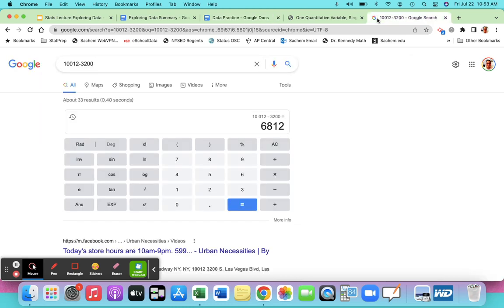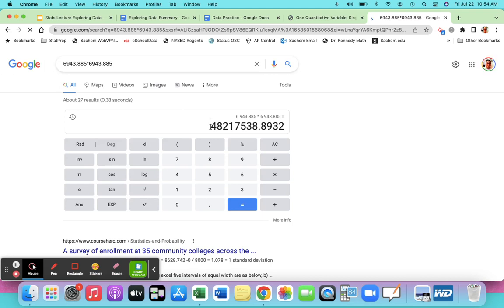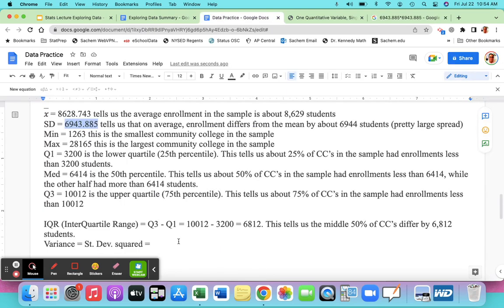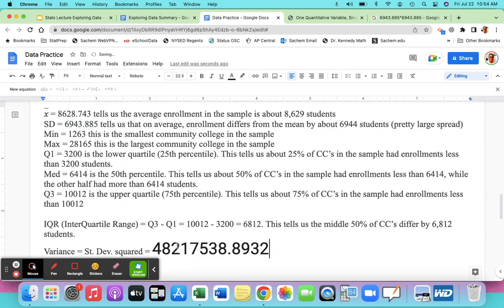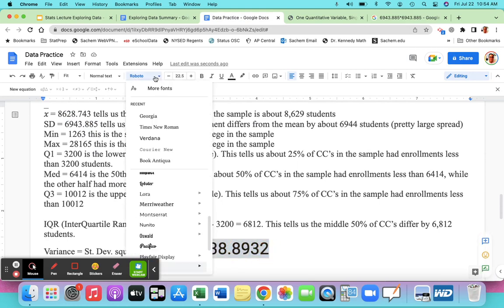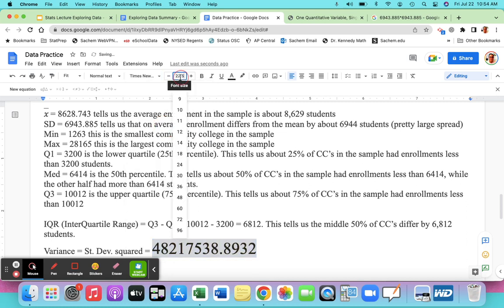If you paste it into Google and hit times itself, use the asterisk for times, this is a huge, huge number, but that's the variance, which on its own is not very useful, but it's a word that you should start recognizing. I think this was Times New Roman 12.